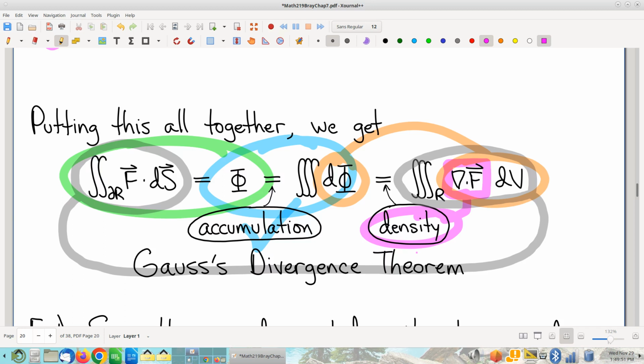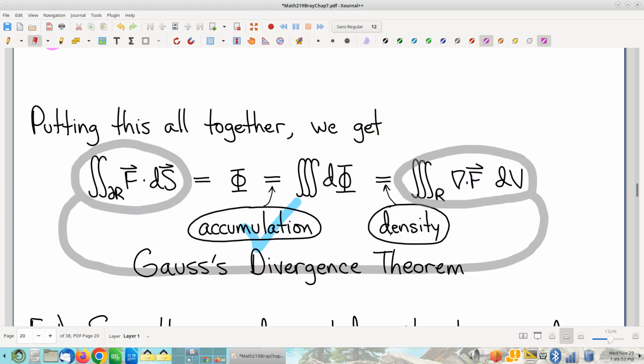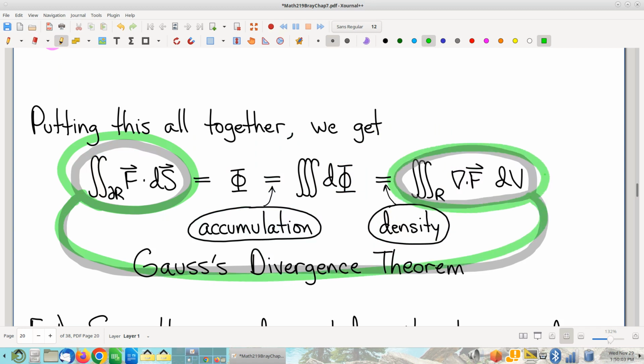And having put these pieces together like this, notice that we have our nice theorem, and here it is. Flux integral can be computed with a triple integral over the interior of the divergence. So, very powerful result. We're going to see a bunch of applications of this today.